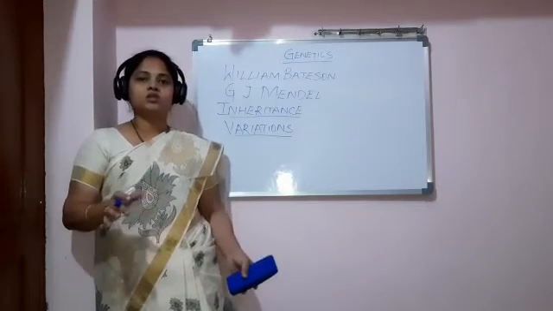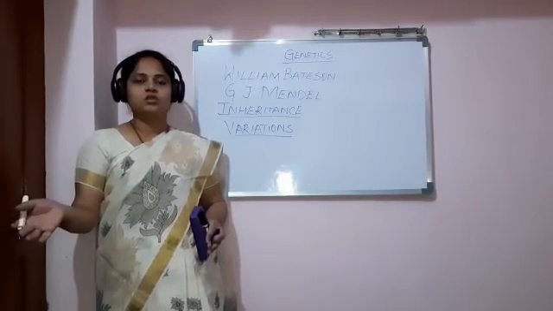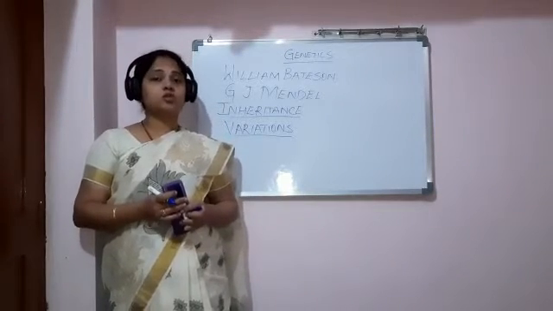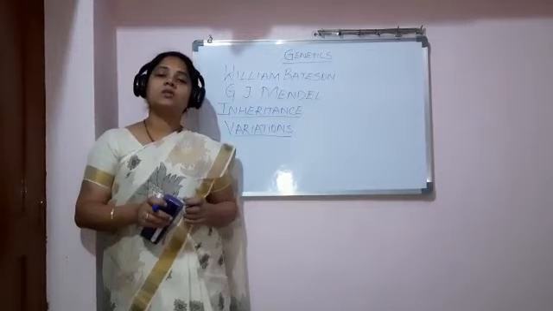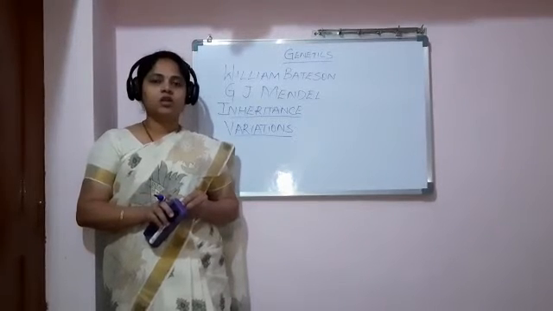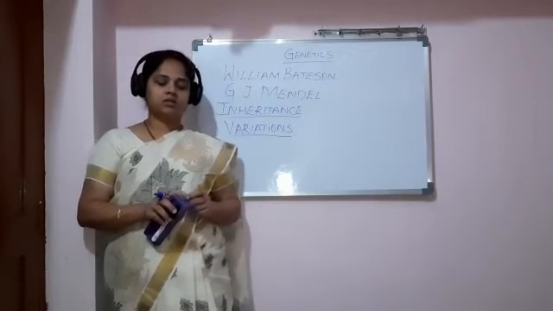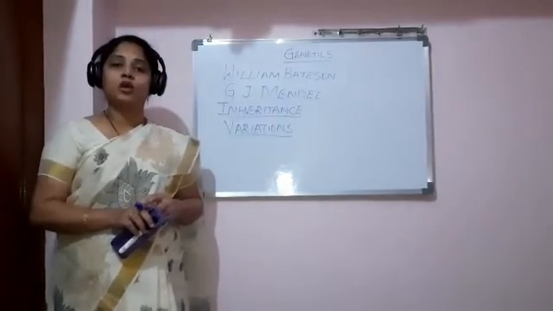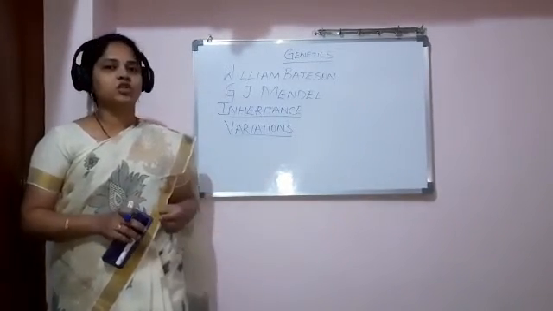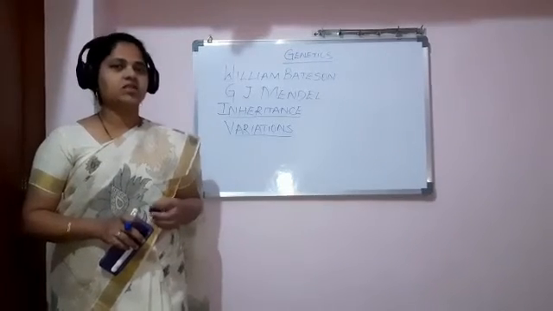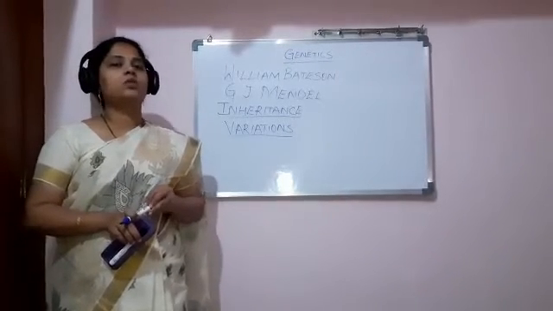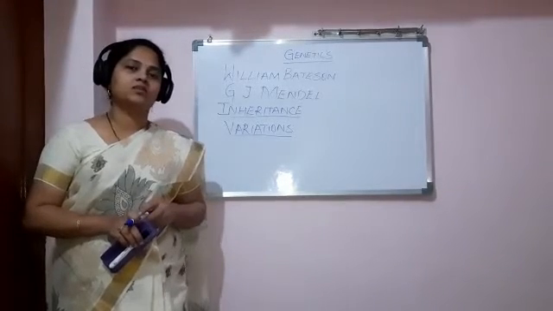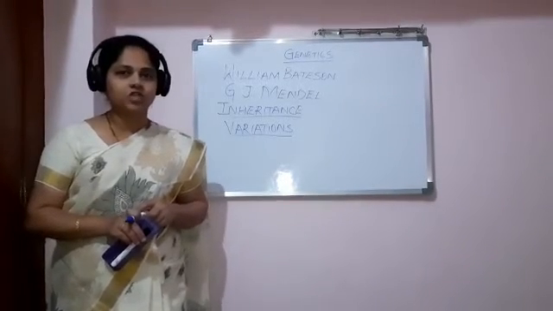Those characters are considered variations. So genetics is the science which deals with both of these phenomena, inheritance and variations. With these normal examples, we now know the definition of genetics. It is a science which deals with heredity and variations. We can call inheritance also by the name heredity. That's the definition of genetics.